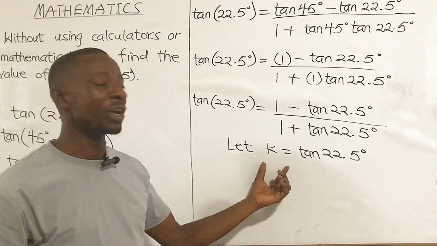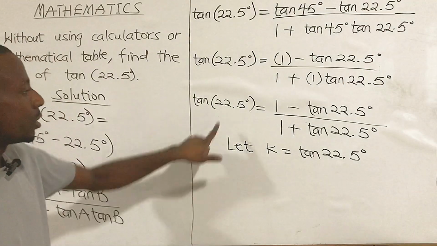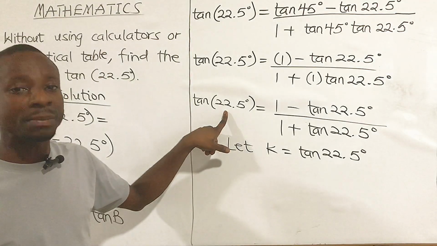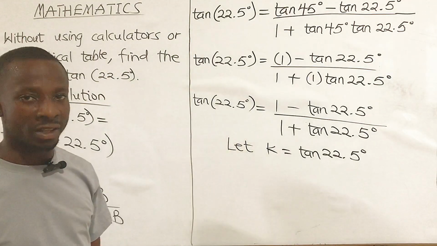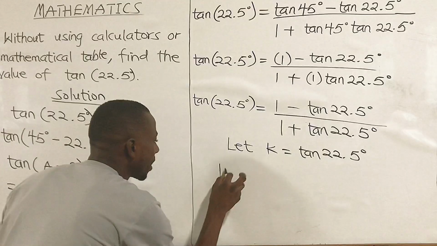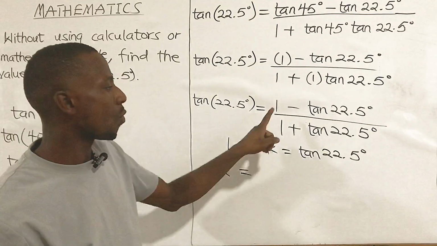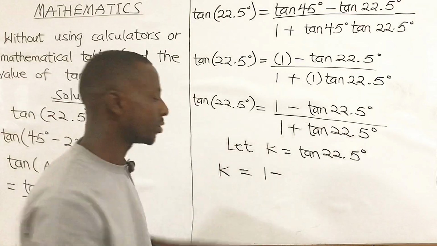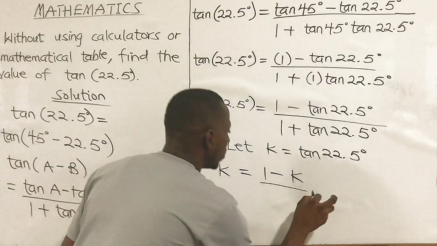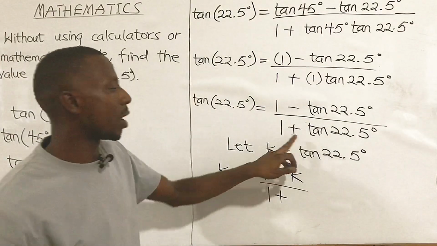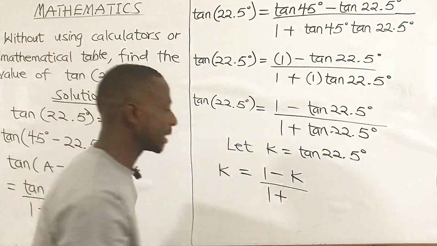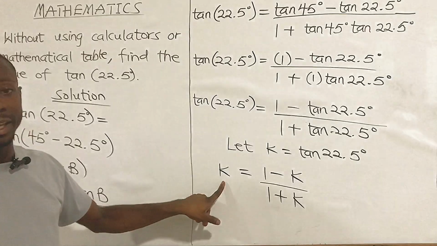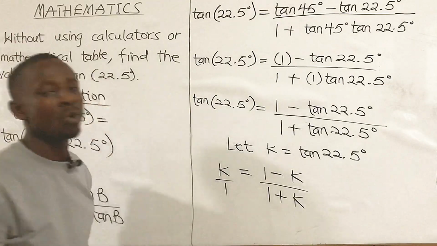This time around, we are using k. Alright, so anywhere I see tan 22.5, I will substitute k over there. So here, I have k is equal to 1 minus k all over 1 plus k, and we all know that this k here is the same as k over 1.